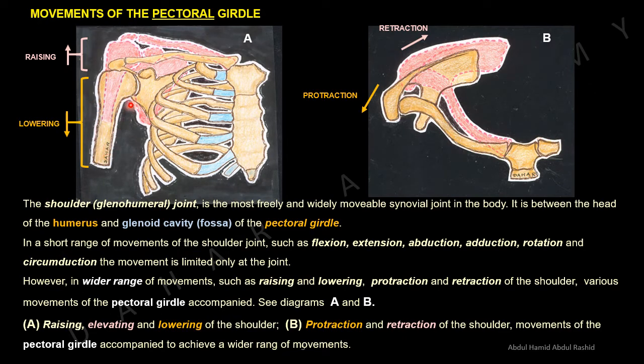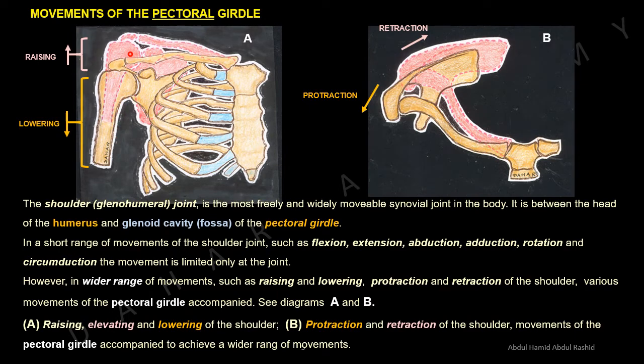And behind and above that one, this is the clavicle, and this is the scapula. This is the pectoral girdle at lowered position. This is after raising at the higher position. So this is lowered, this is higher position.